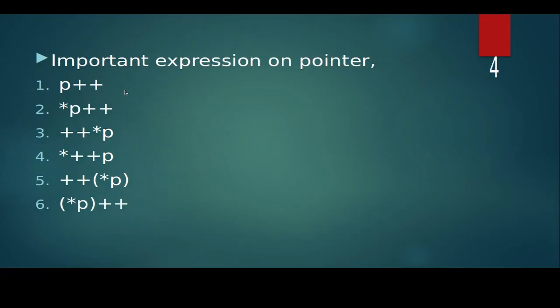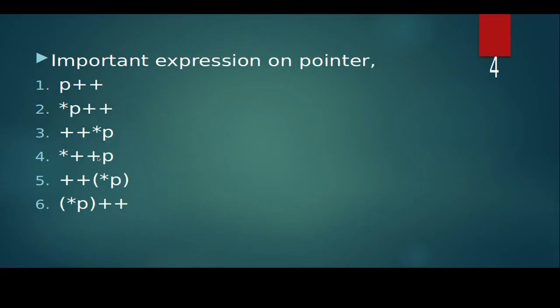Let me go through it once again. In the first one, we are post incrementing the pointer. Second, we are first dereferencing the pointer, then incrementing the pointer, post increment. In the third, we are incrementing the value where p is pointing, but it is pre increment.